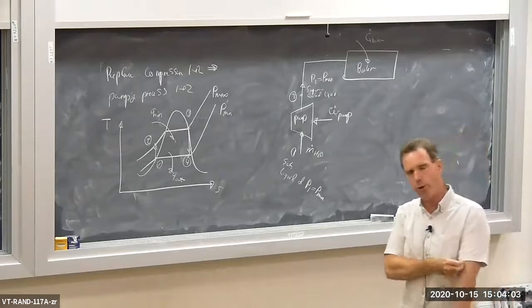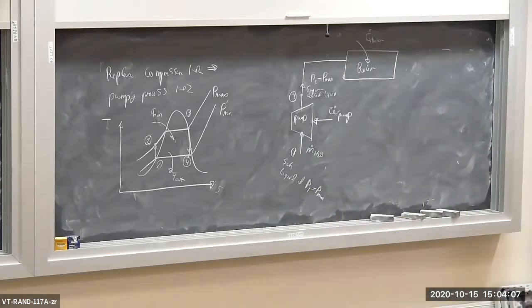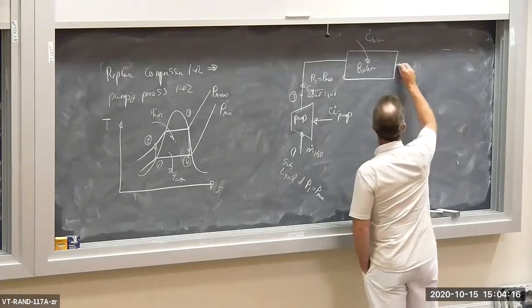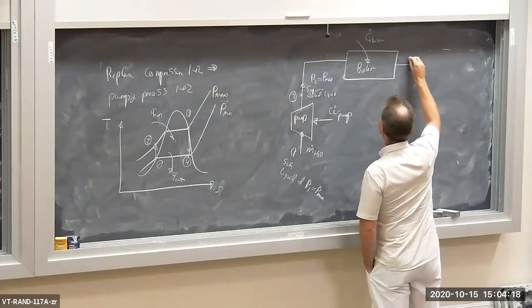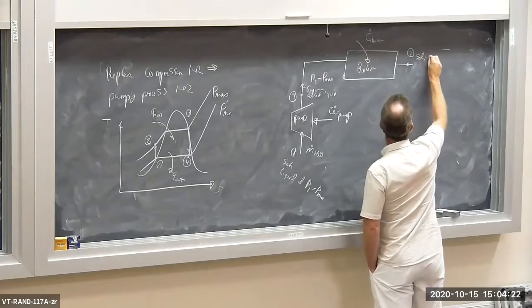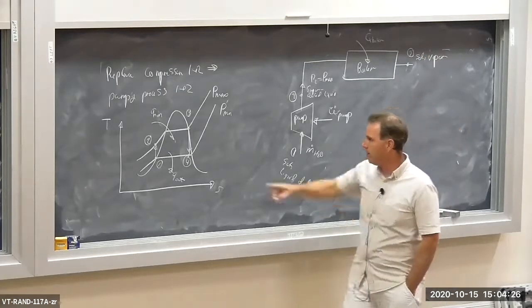There might be a pressure drop in the boiler, but as far as the ideal cycle is concerned, let's say there's no pressure drop in the boiler. And then we end up at state 3, and state 3 is a saturated vapor, okay? Saturated vapor, state 3.